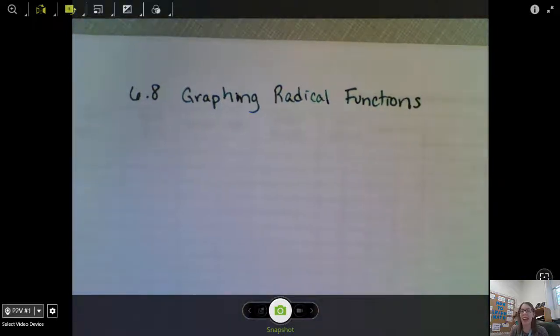We have worked a lot in chapter 6 with square roots and cube roots, and even more roots than that, but we haven't really talked about what the functions themselves look like.